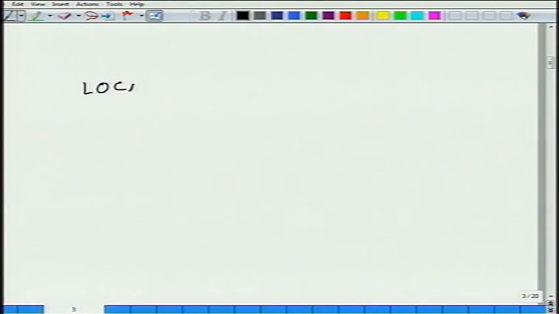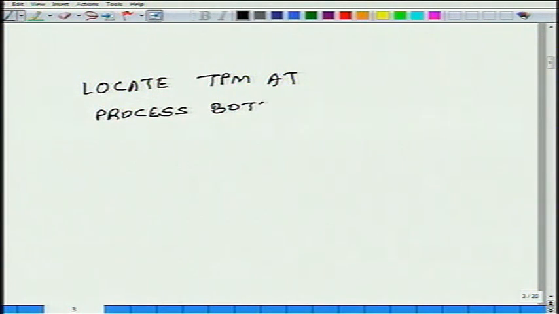So I want to write this in: locate throughput manipulator at process bottleneck. Why do we do it? To minimize the back off, so that the deviation from the constraint limit is as small as possible.